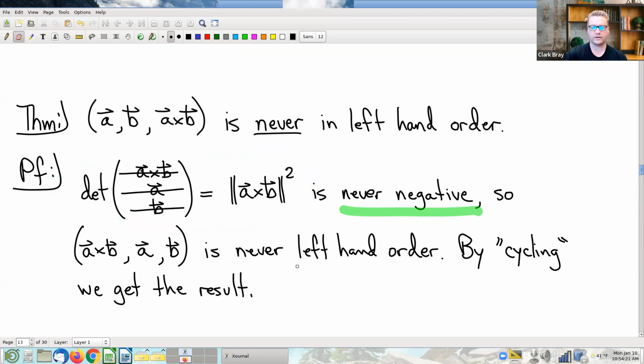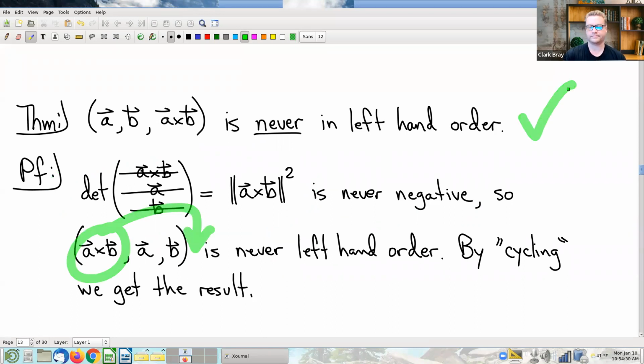And if you know that this is not a left-hand order, then you can move it over there, and therefore that's never left-hand order either. Real clever move. So many little connections between the various constructions that we have: determinant, dot product, cross product, and their algebras and their geometries. So many different little connections.